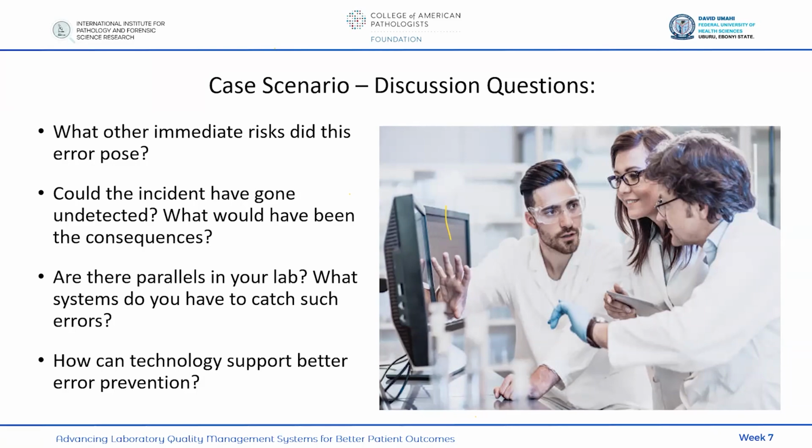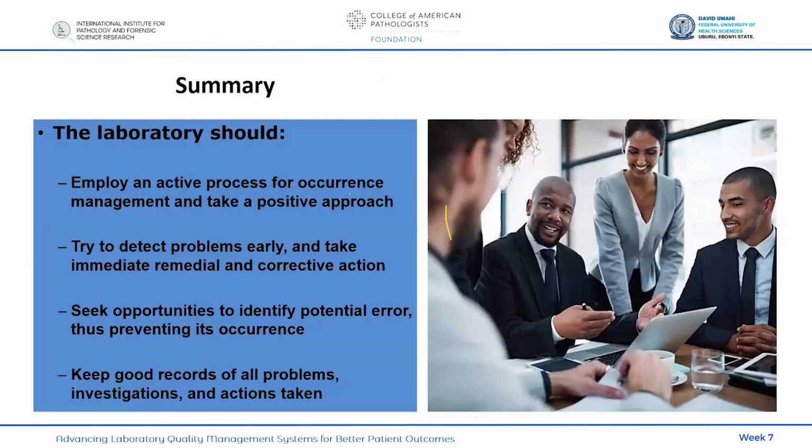Think about it. So in summary, the laboratory should employ an active process for occurrence management and take a positive approach. The laboratory should try to detect problems early and take immediate remedial and corrective action. It should seek opportunities to identify potential errors, thus preventing their occurrence. It should keep good records of all problems, investigations, and actions taken.